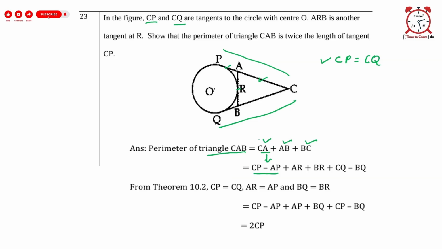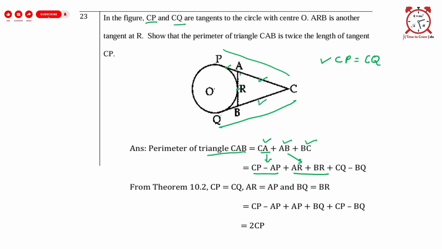AB is what? It has two parts, AR plus BR. So for AB we are writing AR plus BR. Now for BC, the same way as we did for CA. BC is this part only.